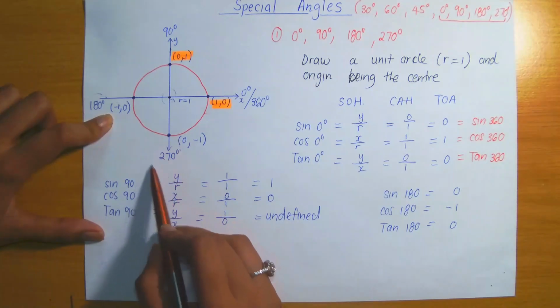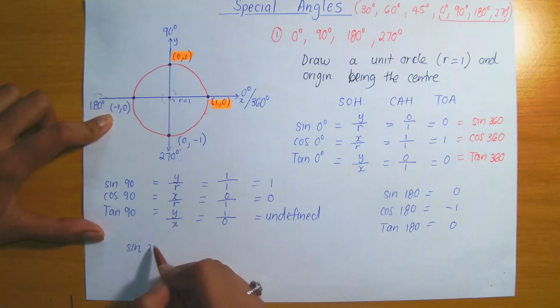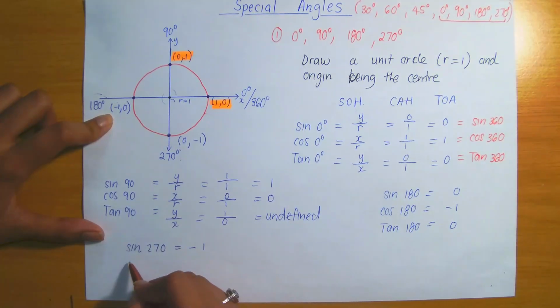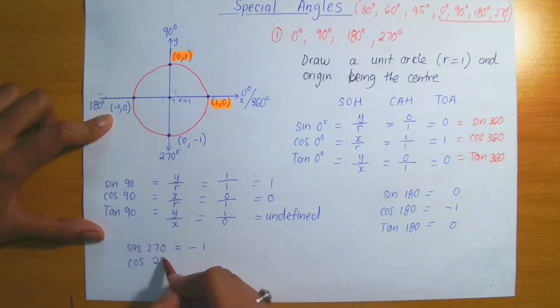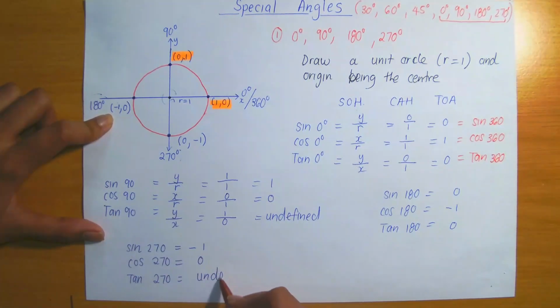Similarly, if you had to perform the exercise for 270 degrees, then sine of 270 degrees is equal to negative 1, cos of 270 degrees is equal to 0, and tan of 270 degrees is then undefined.